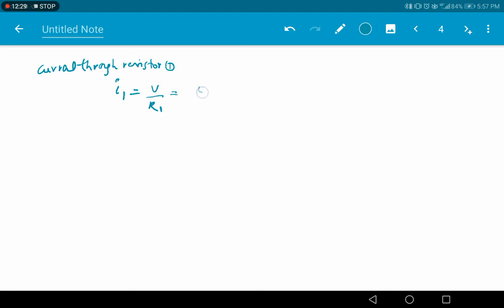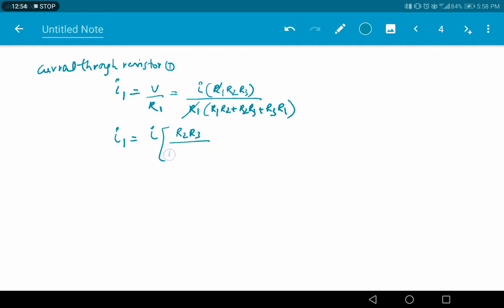So I times R1 R2 R3 by R1 into R1 R2 plus R2 R3 plus R3 R1. So we can cancel R1 and R1. So we are going to get I1 is equal to I times R2 R3 by R1 R2 plus R2 R3 plus R3 R1. Okay, so equation number 11.